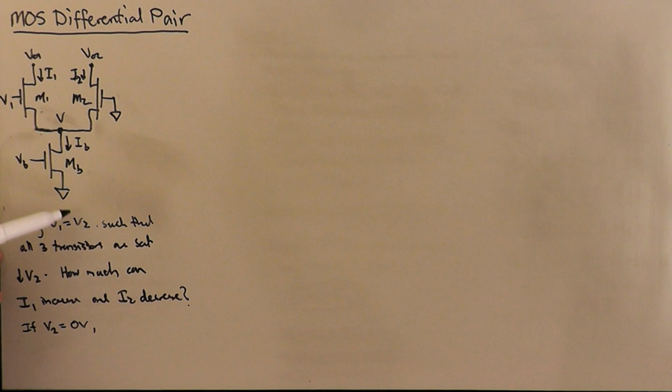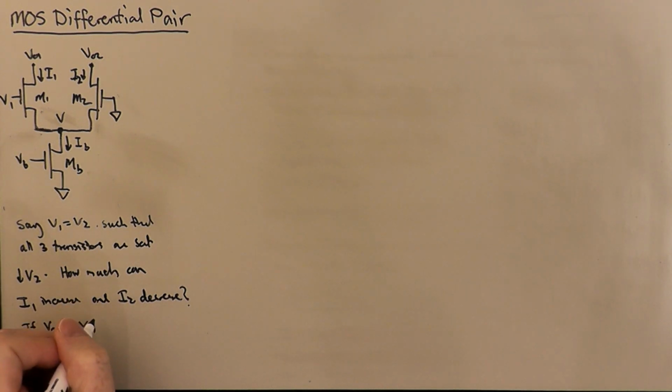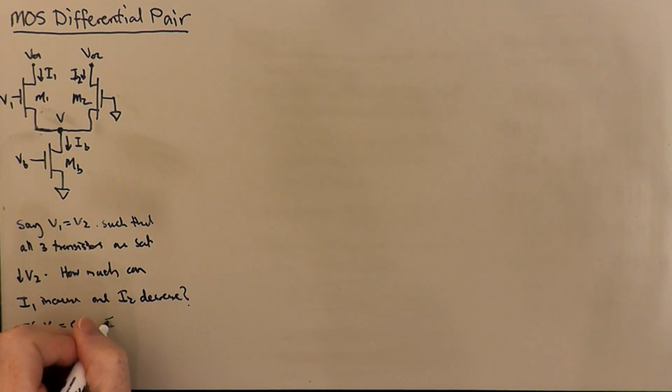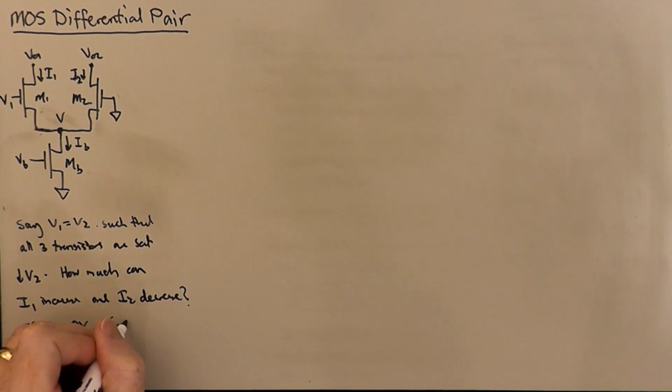because it can't go any lower than the source of MB, because the only thing that's pulling it down is MB. And when V goes to ground, IB goes to 0, and it's not pulling down anymore. So if V2 is equal to 0, I2 is going to be very, very small, about 0.